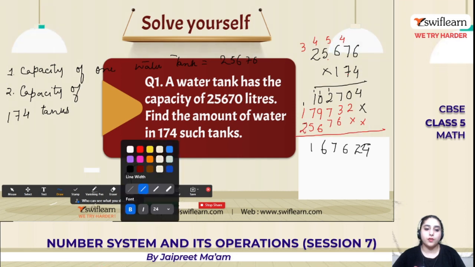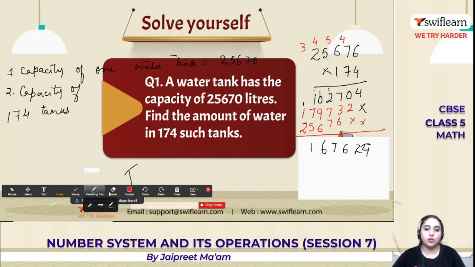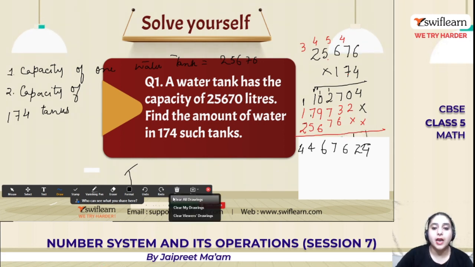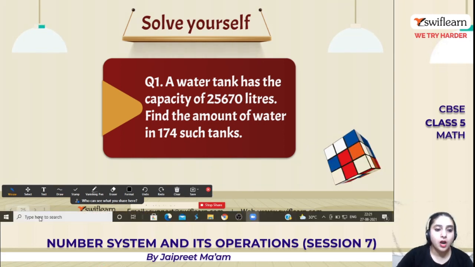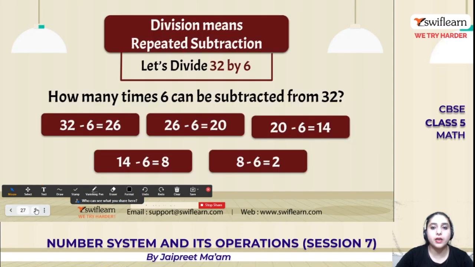So we have to edit again. So 7 and 6 is 16. 9 plus 1, 10 plus 6 is 16. 1 carry forward will make it 14. 1 carry forward will make it 4. So 44,67,624 is our answer.